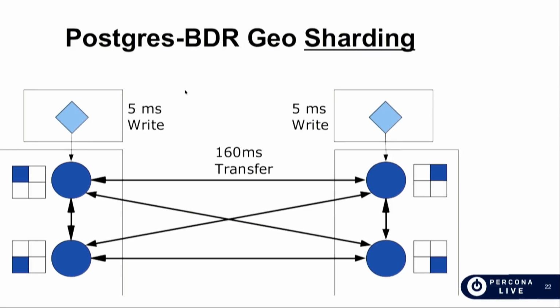So you can bring your Brazilian customers into a node in Brazil, your American customers into a node in America, European customers into a node in Europe. You can use that as what I'm calling geographical sharding. Geographical not meaning with GIS data in it, I mean physically separated nodes, yet all working together as part of a sharded cluster.